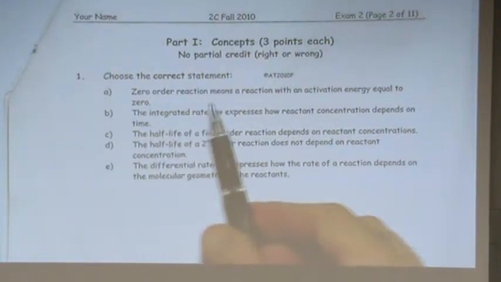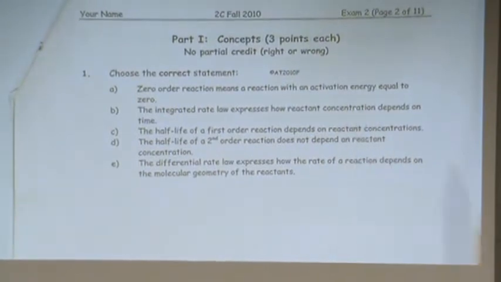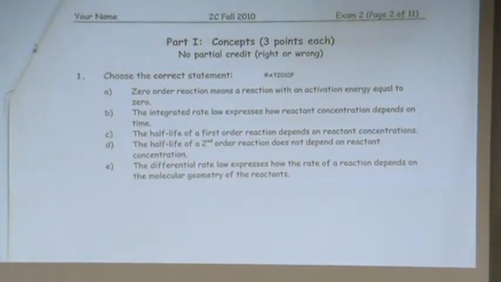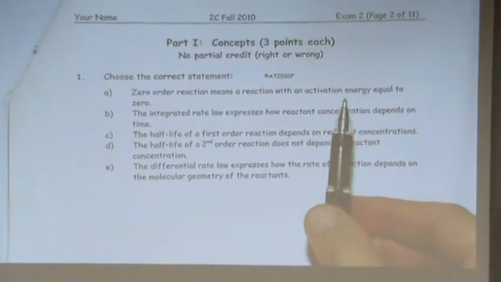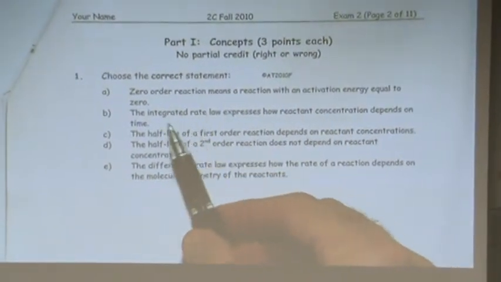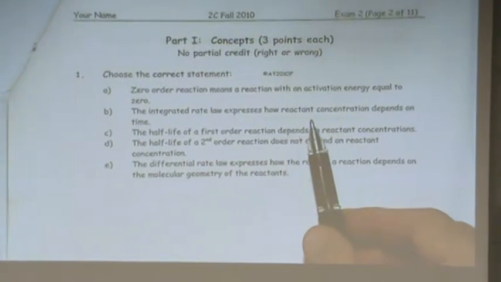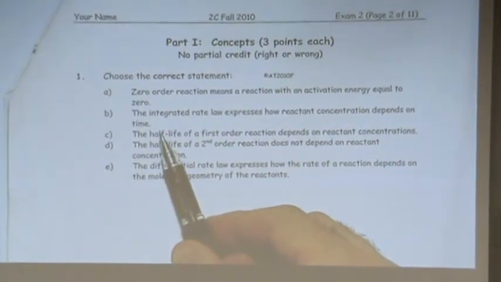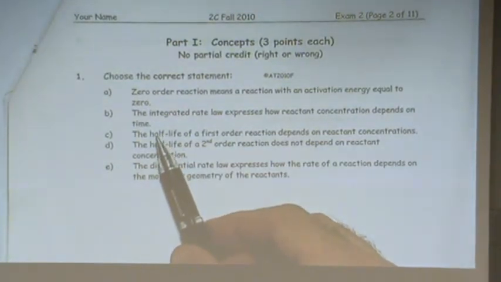So zero order, the order refers to how the rate depends on concentrations, not about activation energy. So that cannot be. The integrated rate law expresses how the reactant concentration depends on time. That's correct, right?